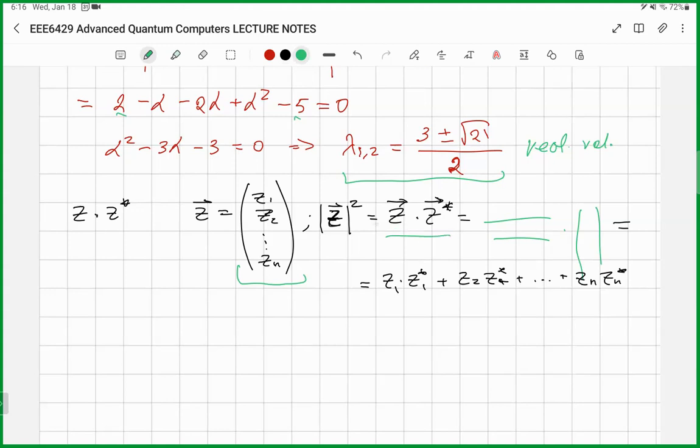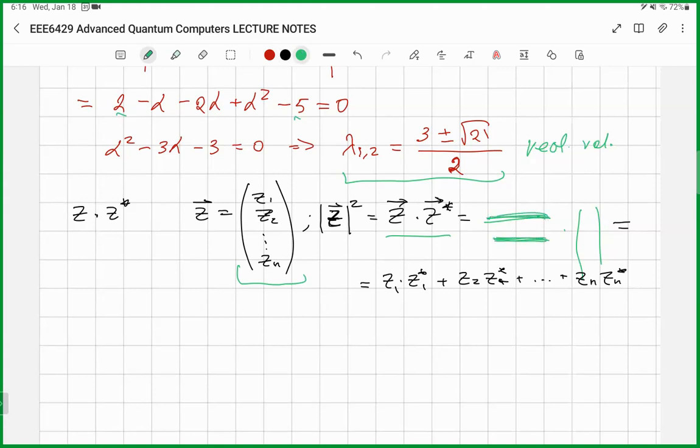But when you represent your vector in a column form, you take the transpose first, right? You change your column into a row, shown here by these two lines.